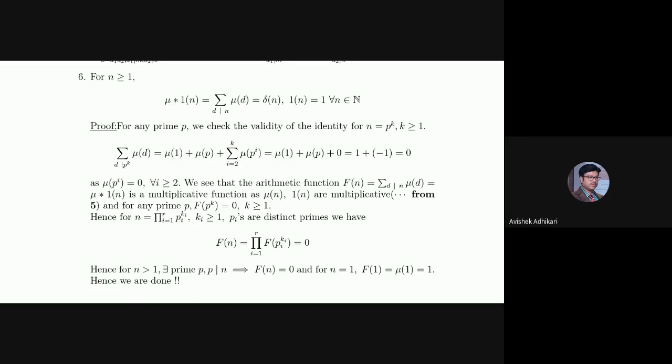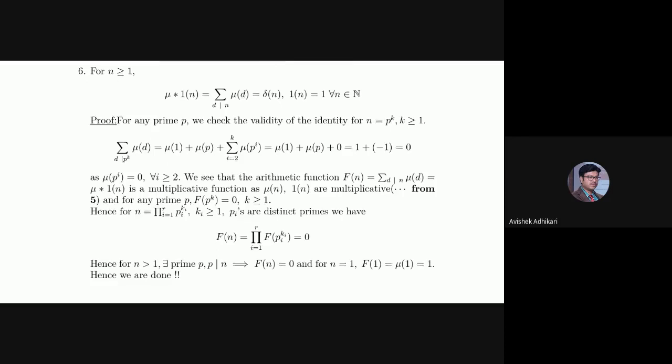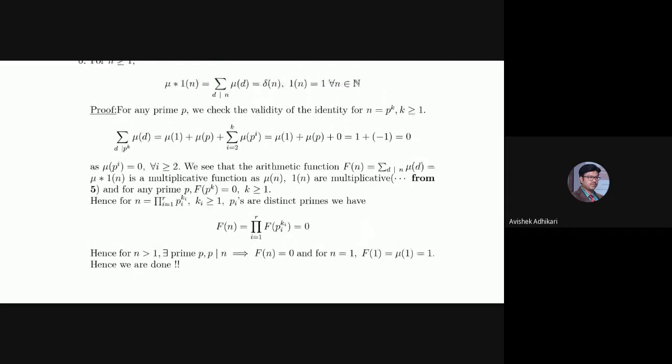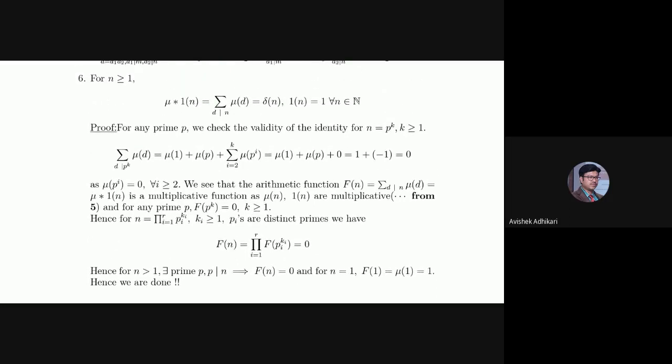So that summation part will give us 0. And mu 1 is 1, as we know from the definition, and mu p is minus 1. So this gives us 0. Now, the Dirichlet product of mu and 1 is multiplicative. Why?